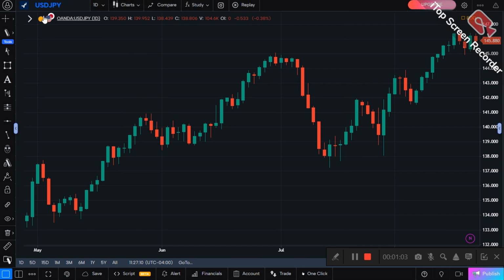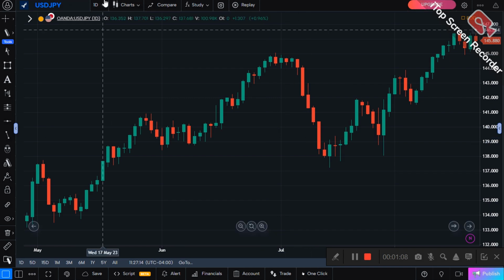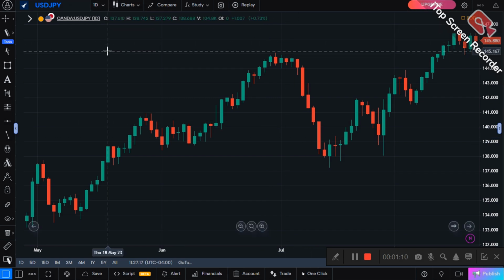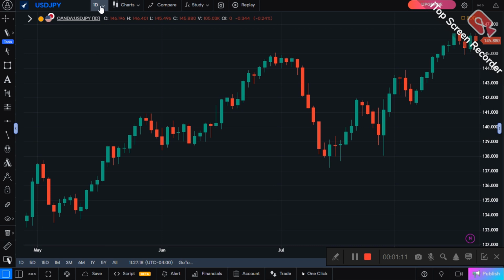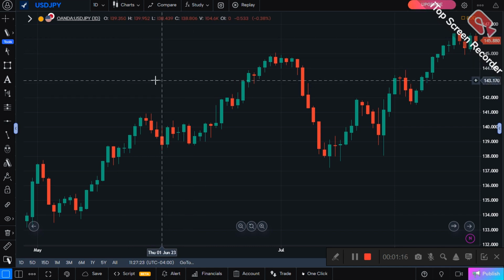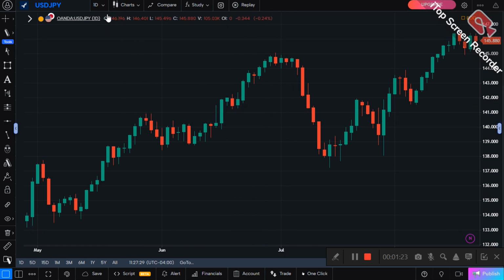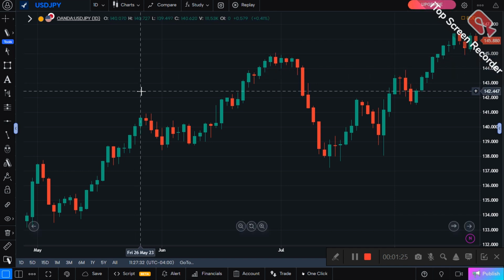So this is USD/JPY on the 1 day time frame. If you are a scalper, an intraday trader, a day trader, or a position trader, every single type of trading has to use the 1 day and 4 hour.